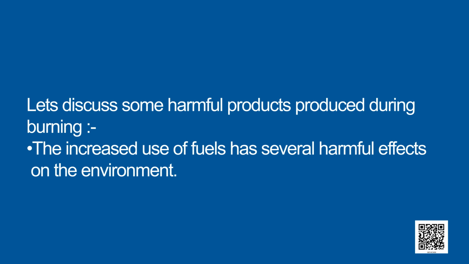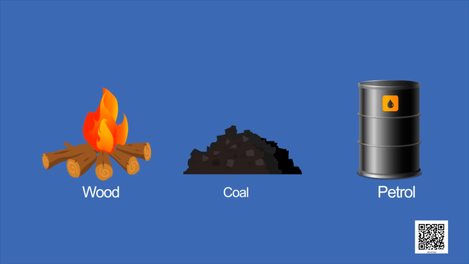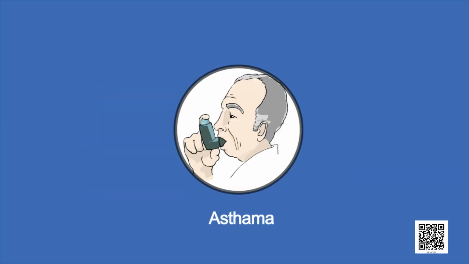For example, carbon fuels like wood, coal, and petrol on burning release unburnt carbon particles which cause severe air pollution. These fine particles are dangerous pollutants causing respiratory diseases such as asthma.